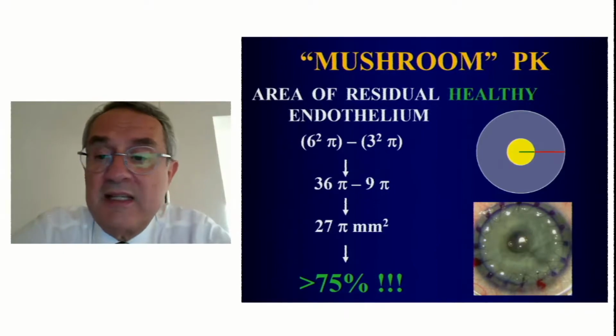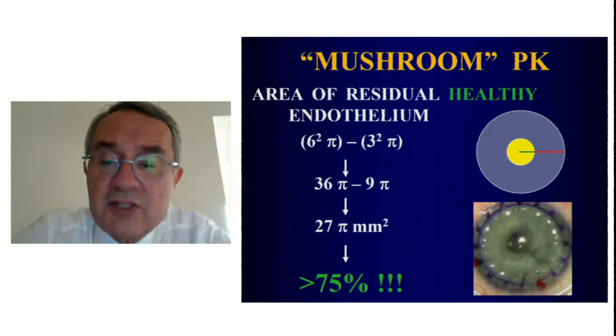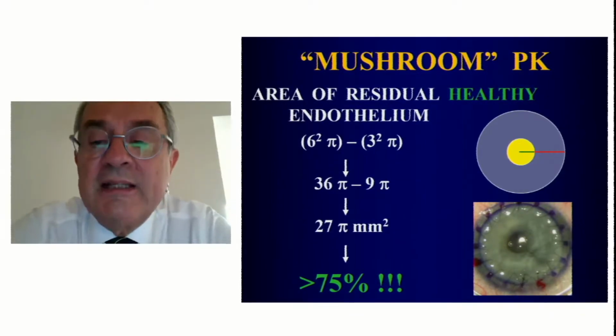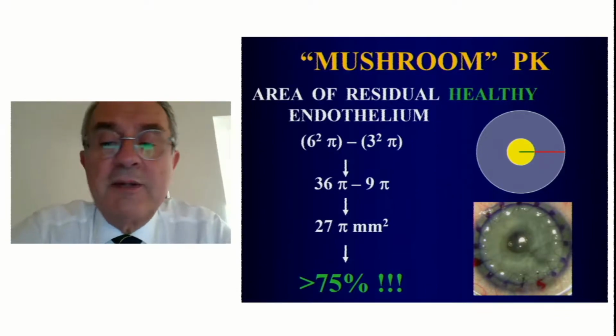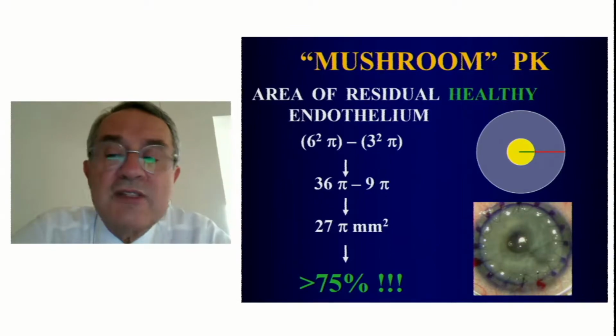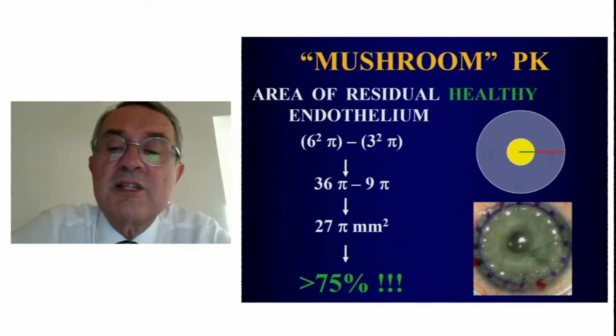And this is an amount that is enough even to fully repopulate the central 6 millimeters. So even if it decompensates completely, it can be repopulated and survive. And this is probably one of the reasons why these small grafts survive over the years, over 30, 40 years, better than large ones. Next.